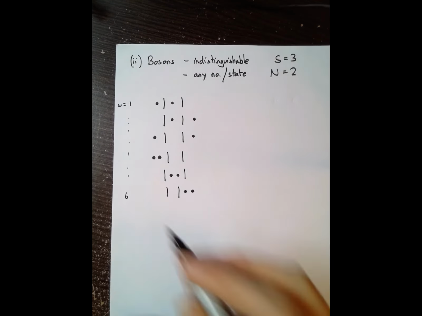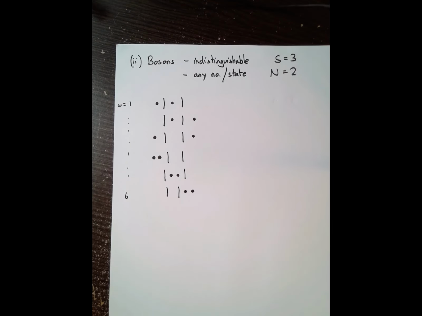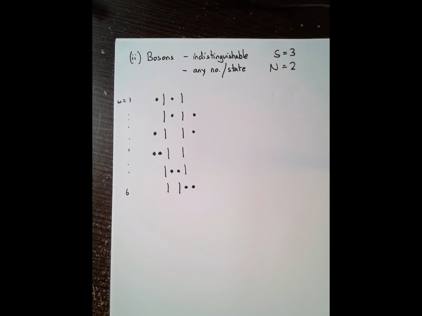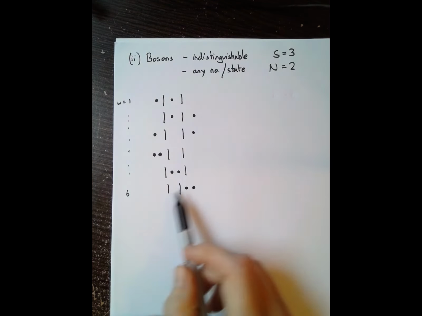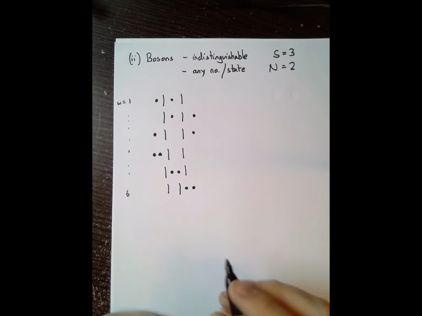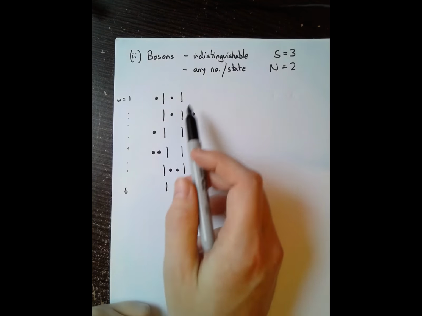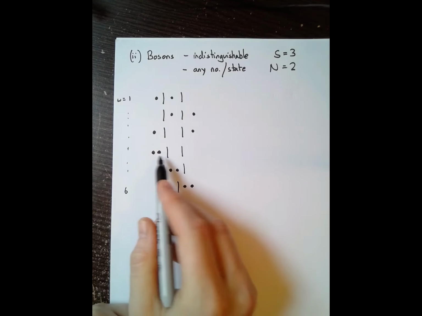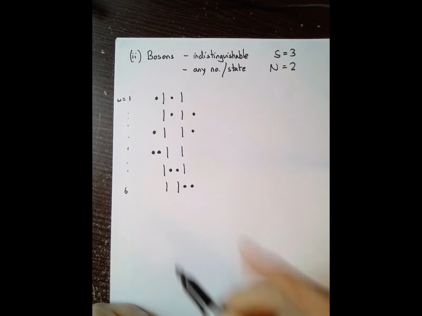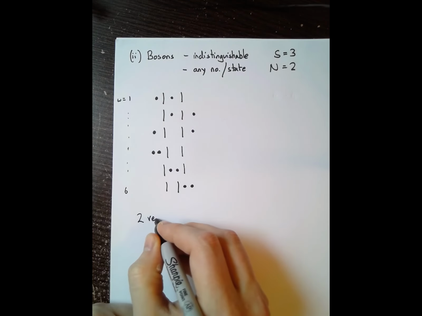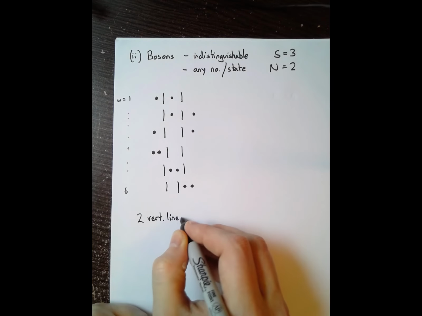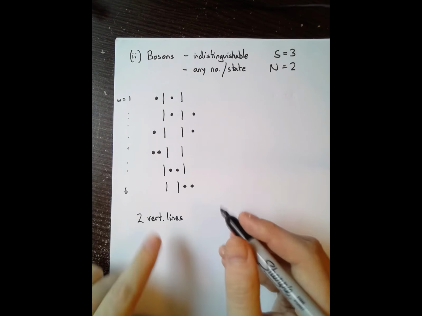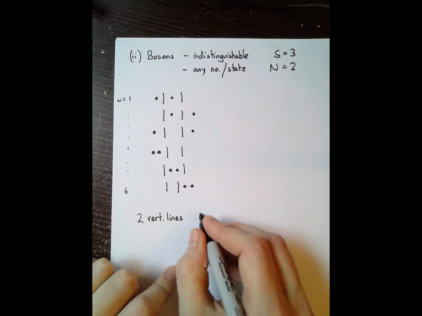So in general, it's easy in this case to count the microstates by hand, but how do I do it in general? Well, this is where the use of these symbols comes in really handy, because let's just think about how we're arranging the symbols here. How many symbols are there? Well, there are 2 vertical lines, and that is the number of states minus 1.